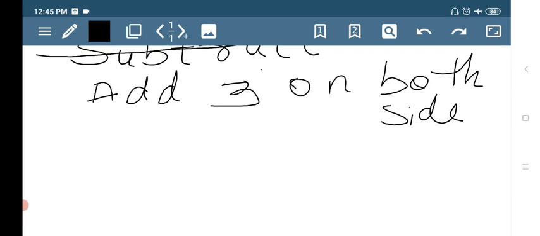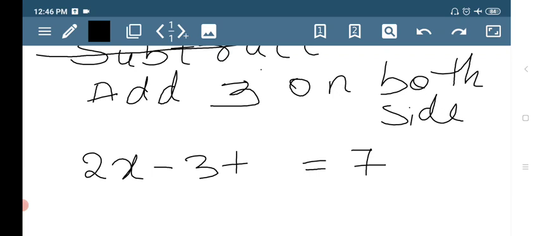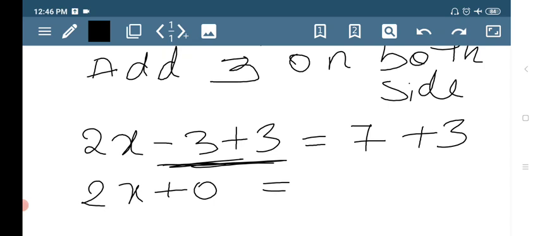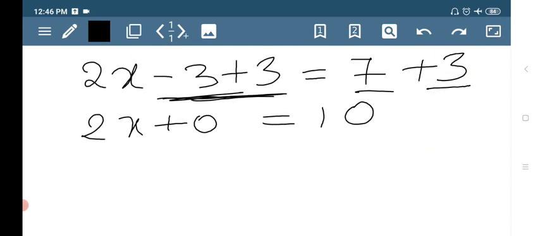That is, we have the equation 2x minus 3 is equals to 7. So if we add 3 on both sides, what happens now? 2x minus 3 plus 3 becomes 0. 7 plus 3 becomes 10.